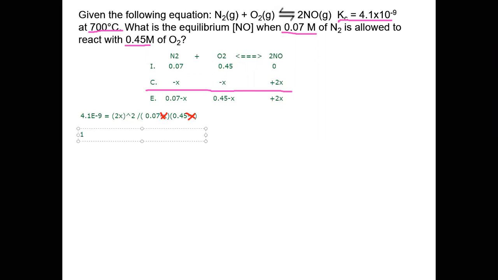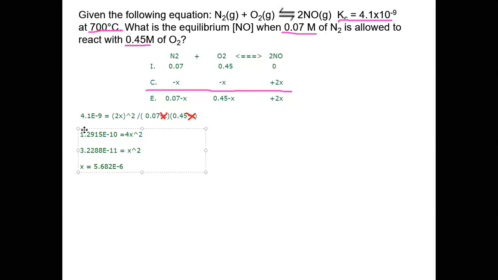And we get this. So now let's move the 4. And now we take the square root, we can solve for x: 5.682 e to the negative 6.